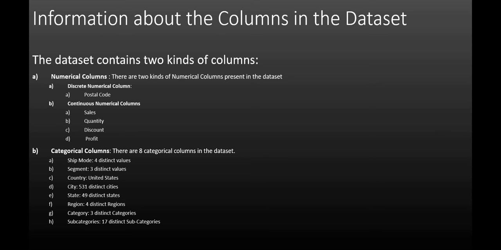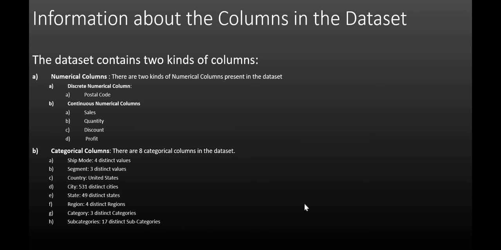In the numerical columns there are two kinds: the discrete column and the continuous column. The discrete column is postal code, and the continuous columns are sales, quantity, discount and profit.